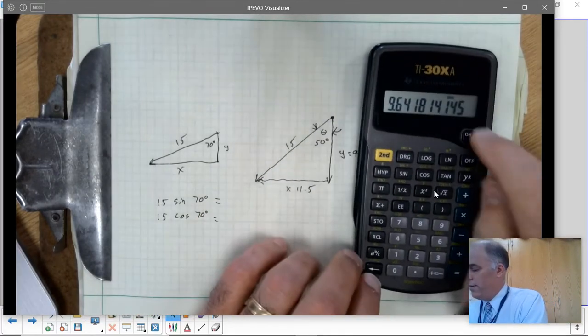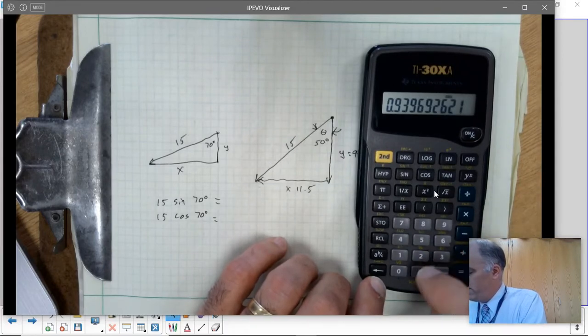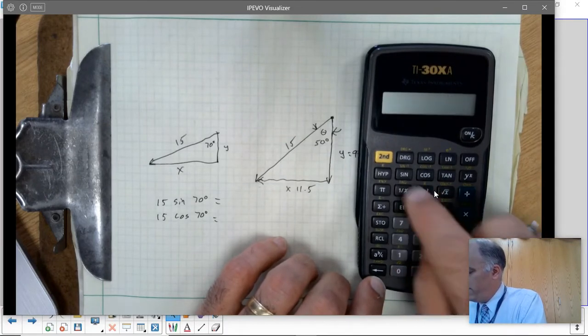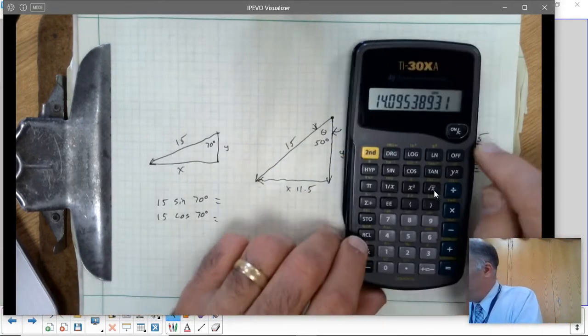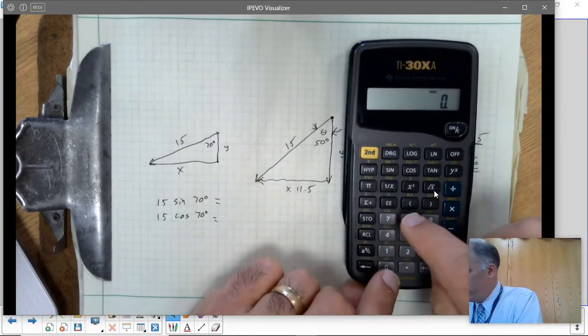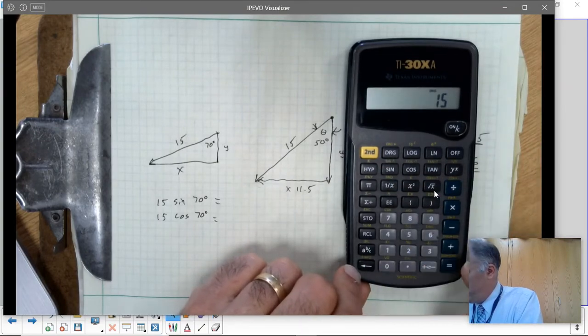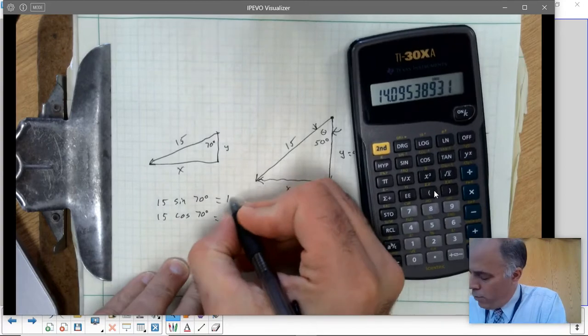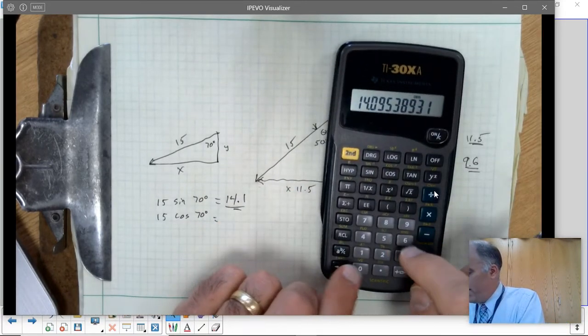Let's see, get it out of the glare there. So 70 degrees sine times 15 equals 14. I'm going to do that again because I hit a wrong button and I don't want to confuse you. 70 sine times 15 equals 14.1.